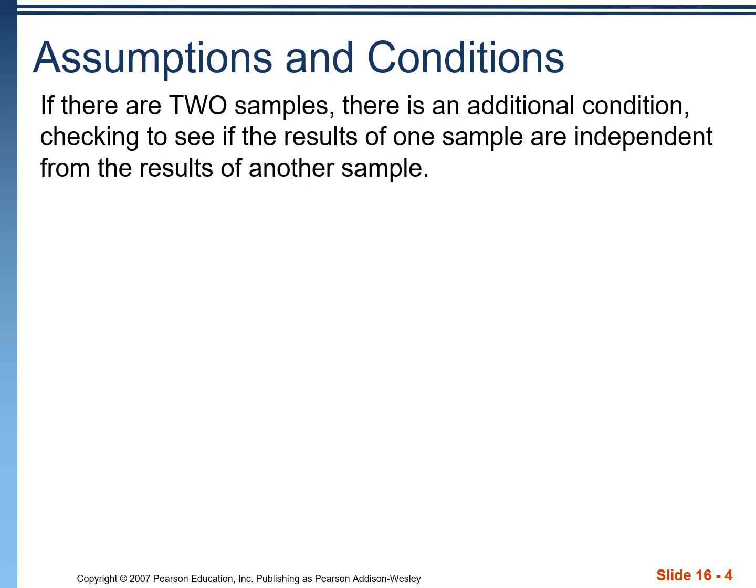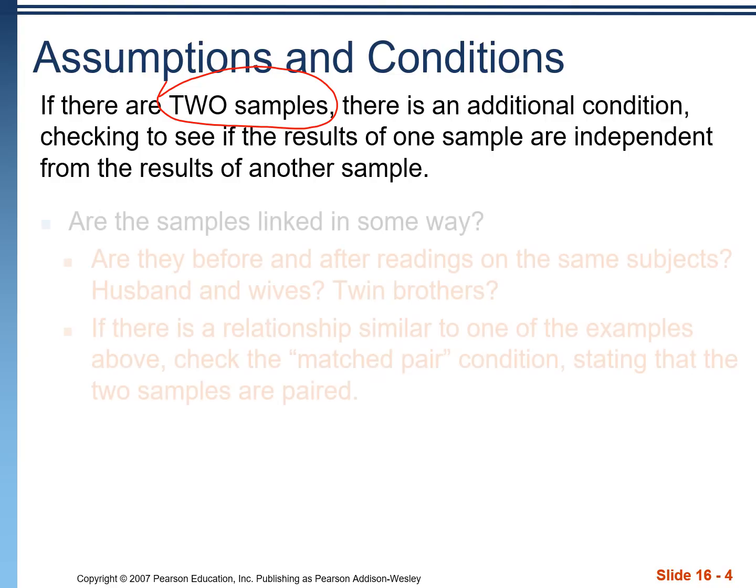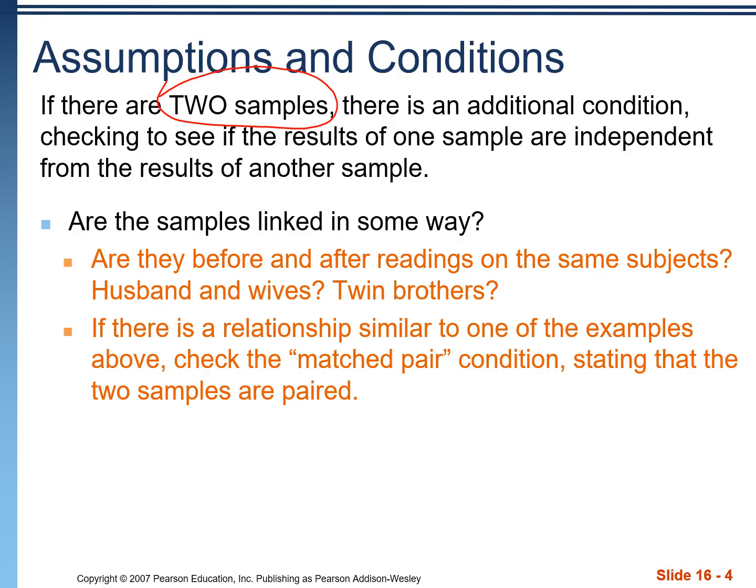If we're dealing with a problem that has two samples, there's a fourth condition. It's the independent groups condition. We want to say the first group is independent from the second group with respect to whatever our response variable is. If it's a quantitative problem, there's also one other thing that we have to check. We want to see if our samples are linked in some way. So maybe we're dealing with responses on husbands and wives or twin brothers, or most commonly before and after readings on the same subjects.